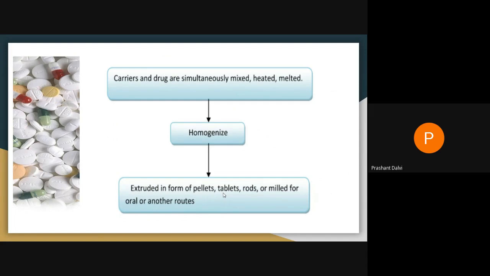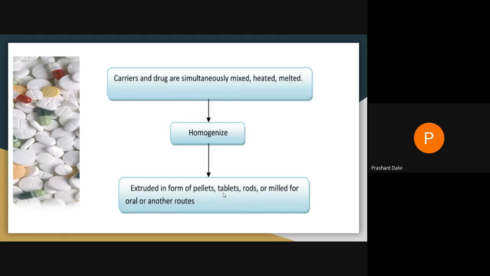What exactly is this technique? First, you need to mix the drugs and the polymers to form the powder blend, and then put it into these barrels and heat the barrels. What will happen? The powder blend present there will melt and form a homogeneous mass, and then it passes to the extruder, and the extrudate forms.